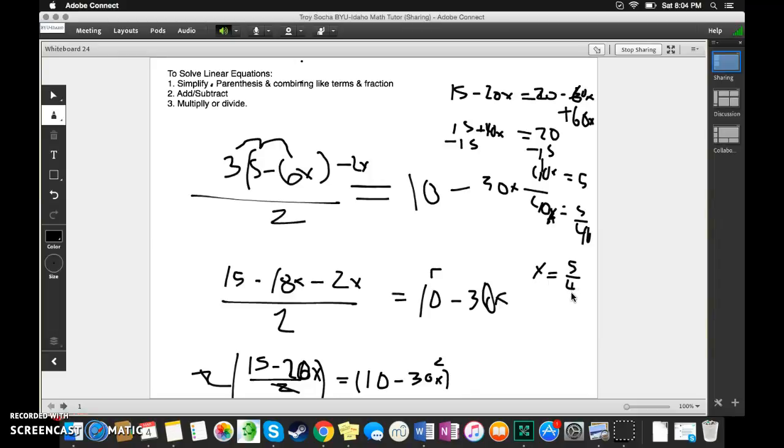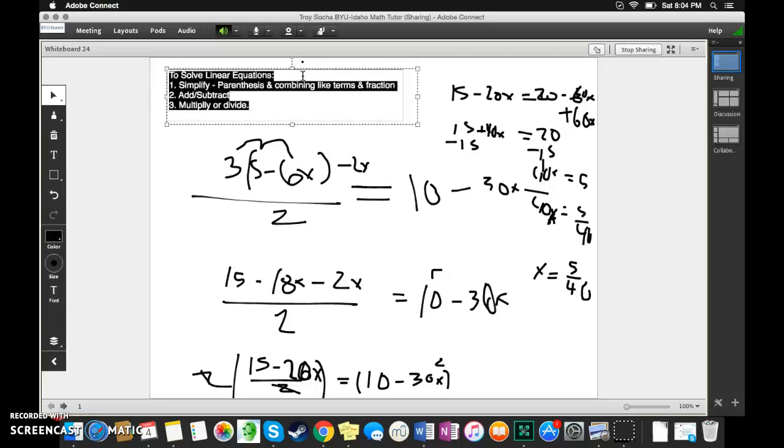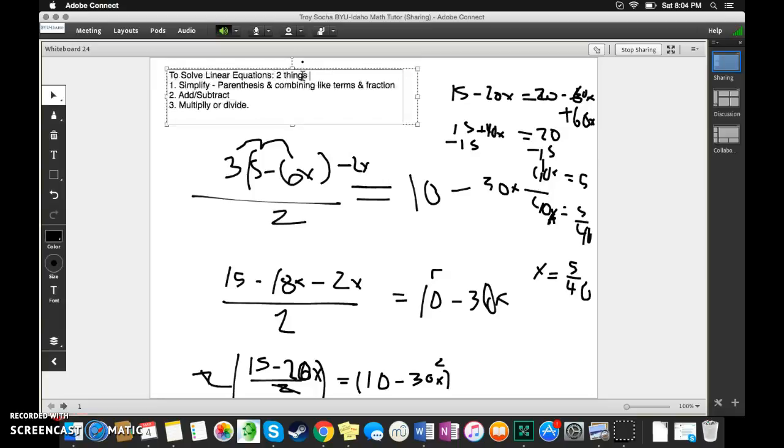So just a quick recap. A linear equation is any equation with one variable that you're told to solve for. Linear equations will have two things: one variable and an equals sign.